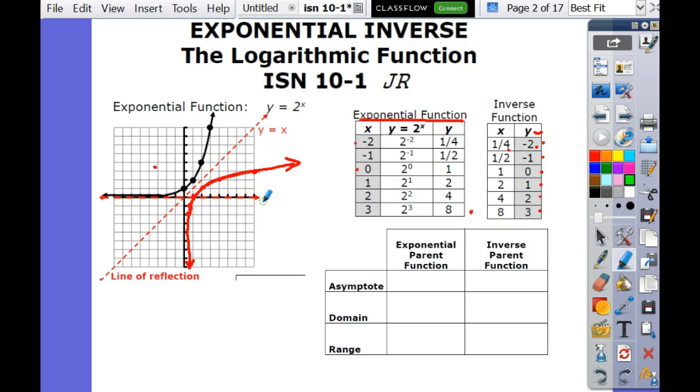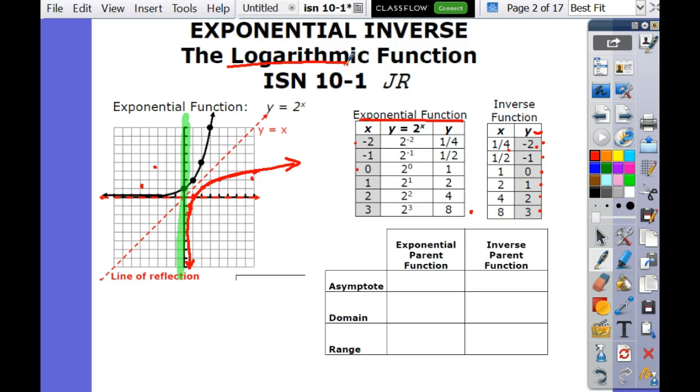So for this graph, this y-axis is the asymptote. This is the exponential graph. This one is the inverse. The inverse of an exponential is called a logarithm.